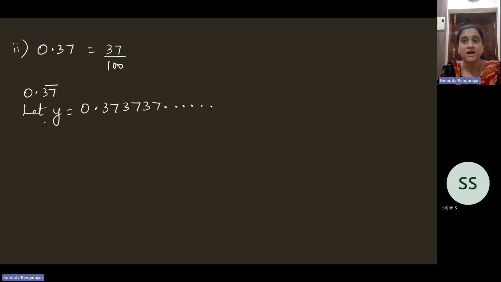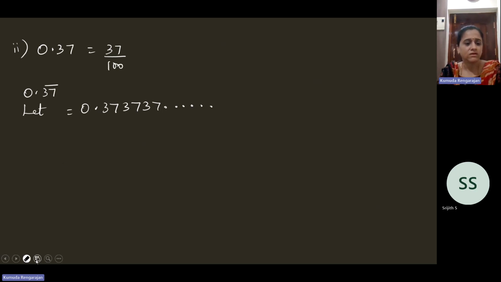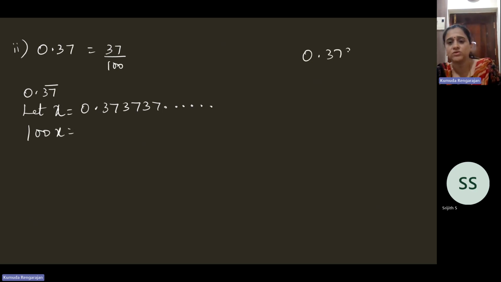So 100. You should find 100y. Okay, I'll use x only. I'm saying you can use any variable. Yeah. 100x equal to, see, when you multiply 0.373737 by 100, you must shift the decimal point to the right by 2 places because 100, so 2 places.